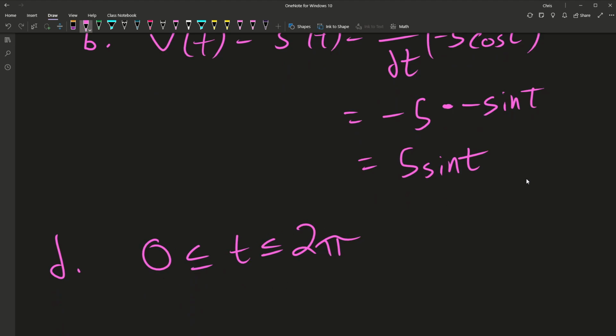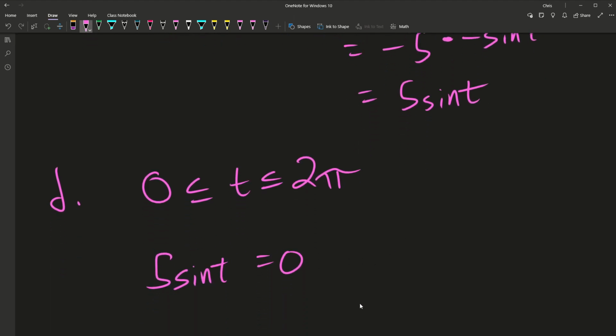So I want to find where 5 sine of t is equal to 0 between 0 and 2 pi. Sorry, I see that some of this is getting cut off at the bottom. My screen isn't entirely matching up with the window capture. Let me see now if I write down here. That's a little bit better.